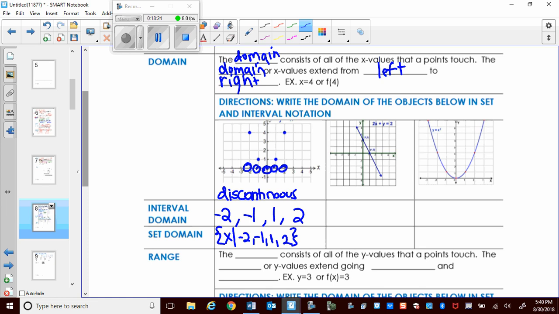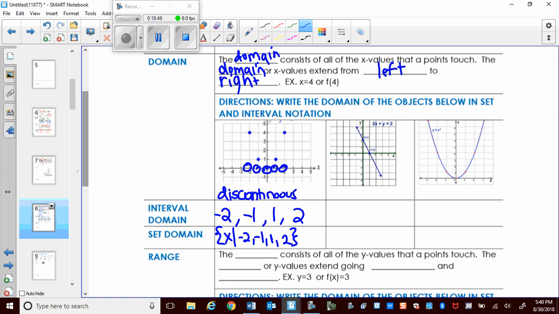On the other hand, if I am looking at the next one, it's a straight line. This is different. So it's kind of hard to see what these x values are doing. But if you look closely, these x values keep getting more and more negative as you go to the left.